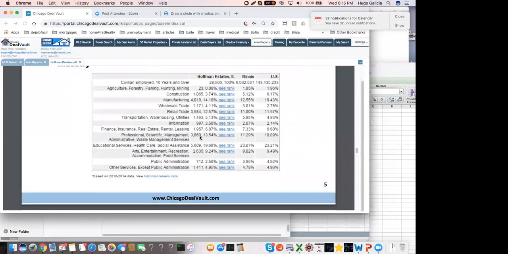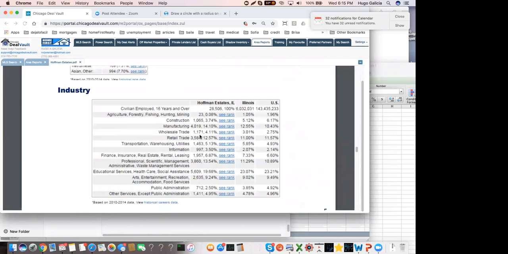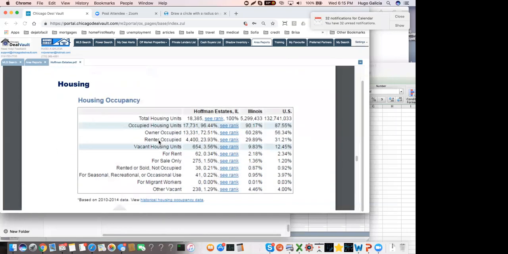Now let's scroll down. The industry. This is going to give you an overview of the type of employers that are in the area. Let's scroll down. Housing occupancy. Here there are 3 factors that you have to focus on. Number 1, the owner occupied is the third one down the list. The higher the better, because that's going to show pride of ownership.